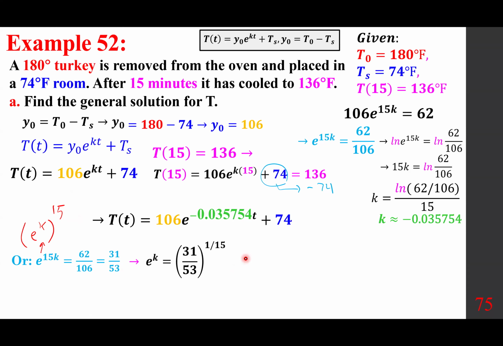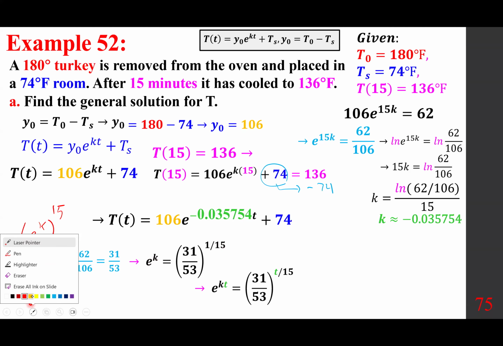And so because over here is e to the power of kt, we want e to the power of kt. So e to the power of k is this; e to the power of kt, raise this to the power of t. Let me show. This is just basic, just to the power of t, right?